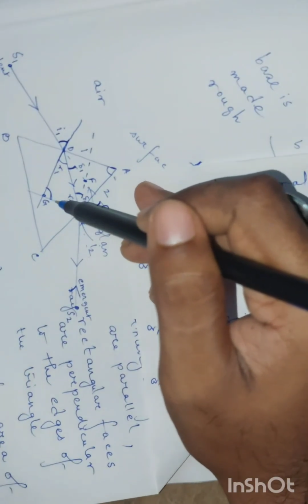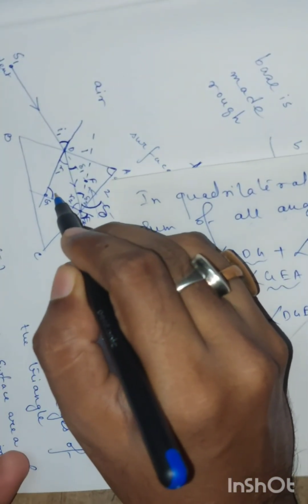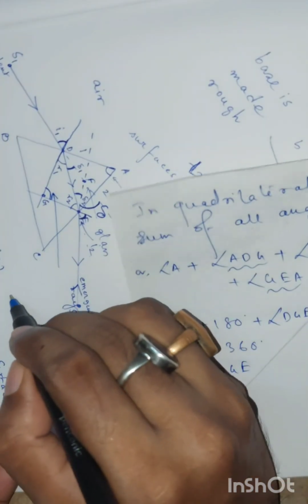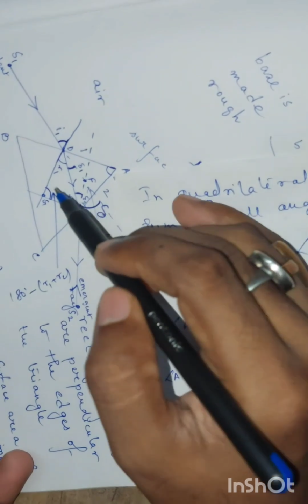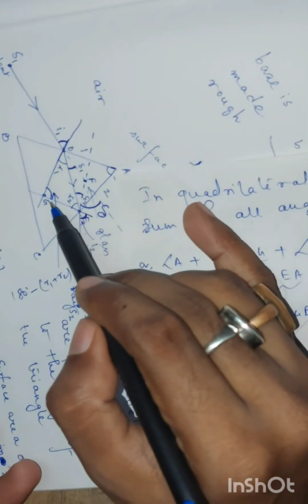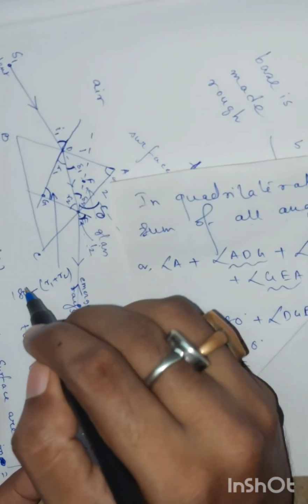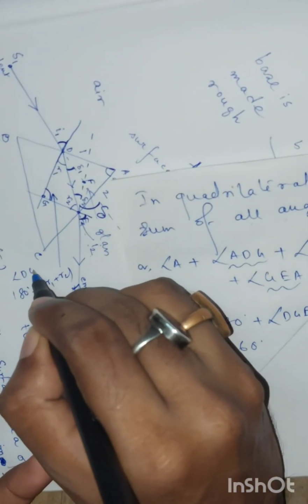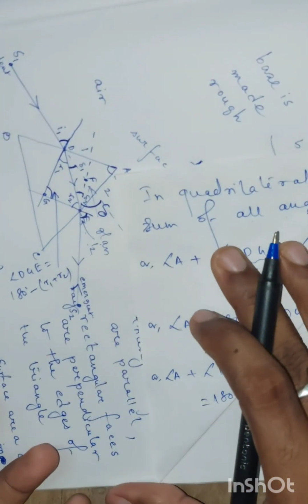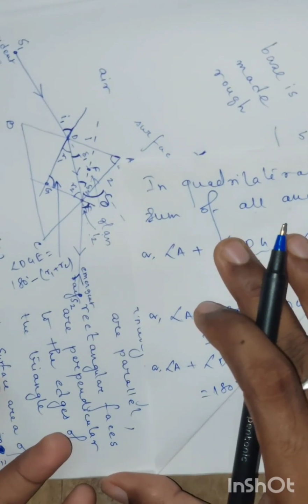So angle G will be 180 degree minus R1 plus R2. If we subtract these two angles from 180 degree, we get G. So angle DGE is equal to 180 minus R1 plus R2.